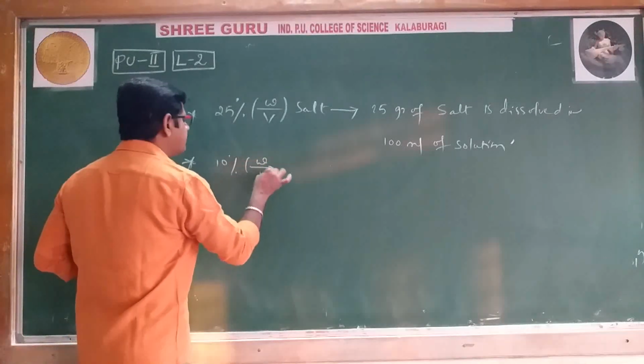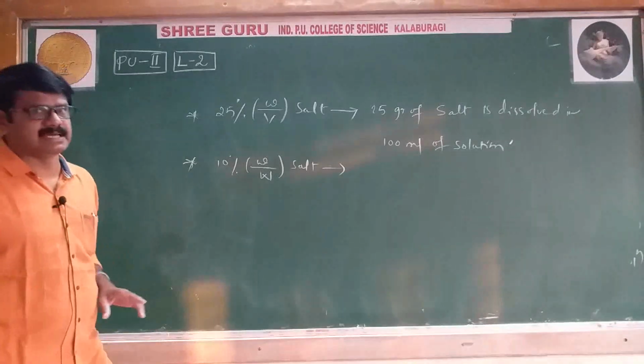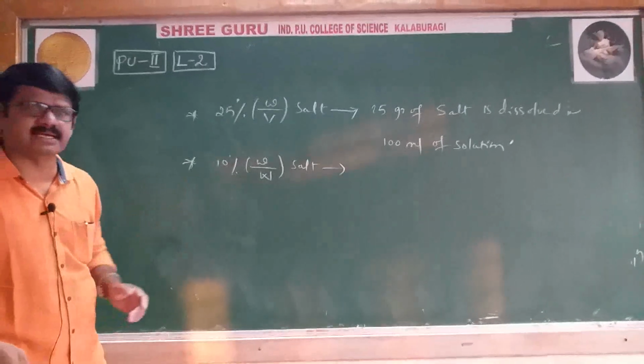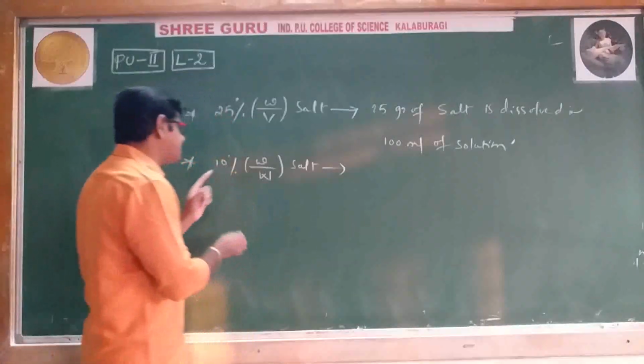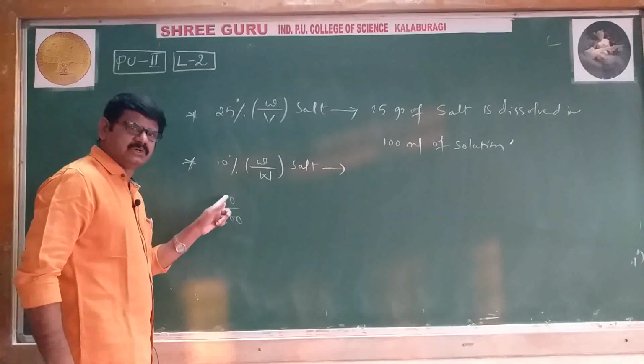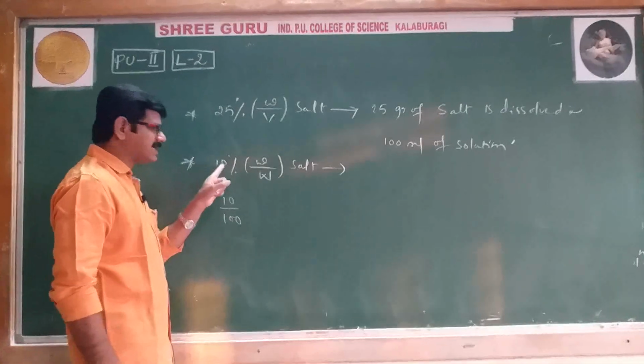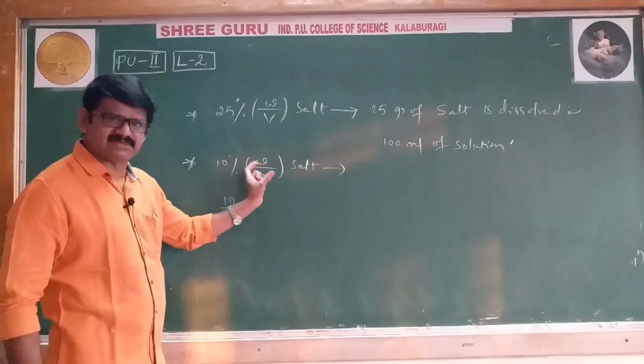Next, similarly, one more case is given: suppose 10% W by W salt is given. What is its meaning? 10% is nothing but 10 by 100. This 10 is related to solute, this 100 is related to solution. Tell me, what is the meaning of this value?